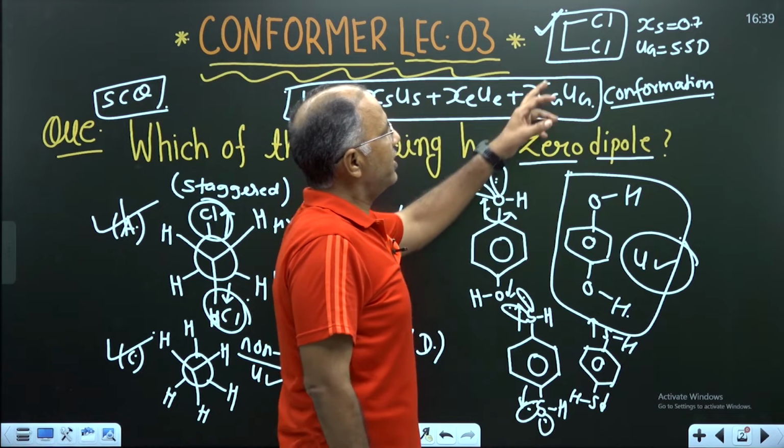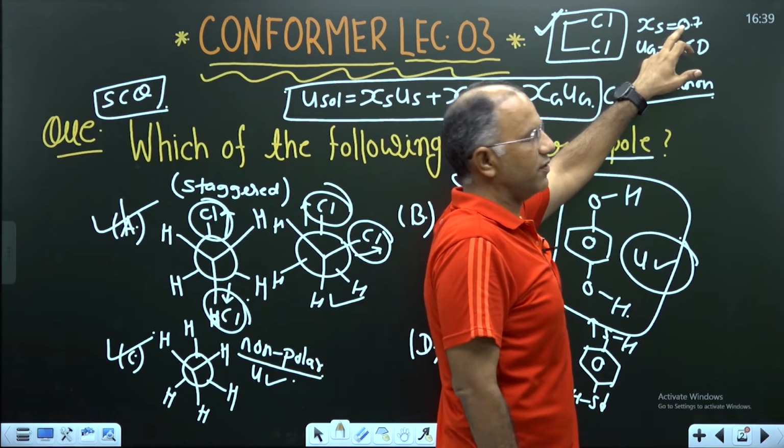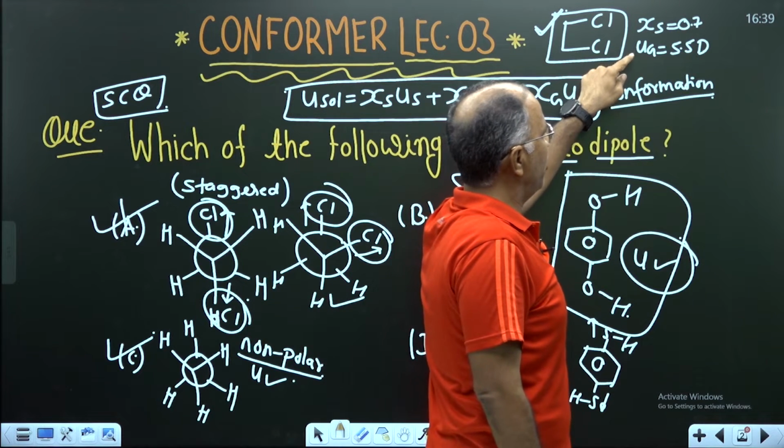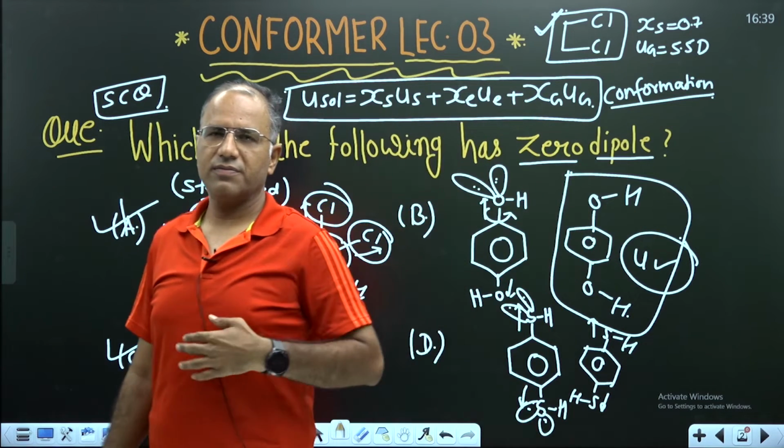Now we have to find the overall dipole of 1,2-dichloroethane, and the information given is that the mole fraction of staggered is 0.7 and the dipole of gauche is 5.5 D. Pause the video and try your answer.